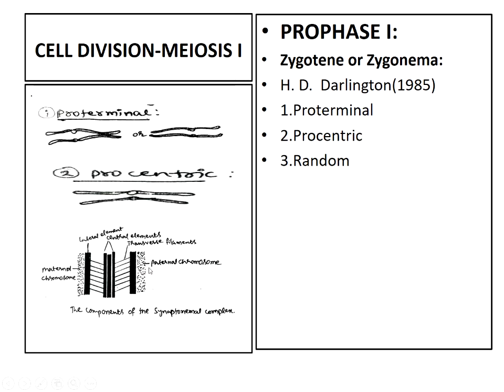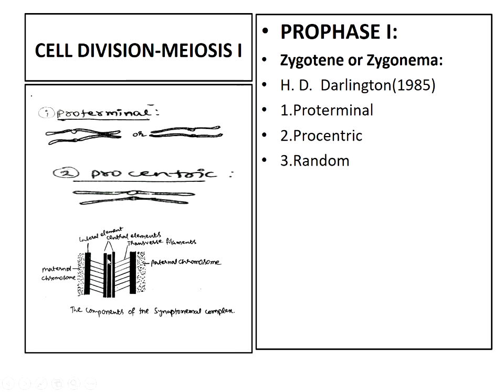There is a dense layer at the center called the central element, and two dense layers on either side of the central element called the lateral elements.